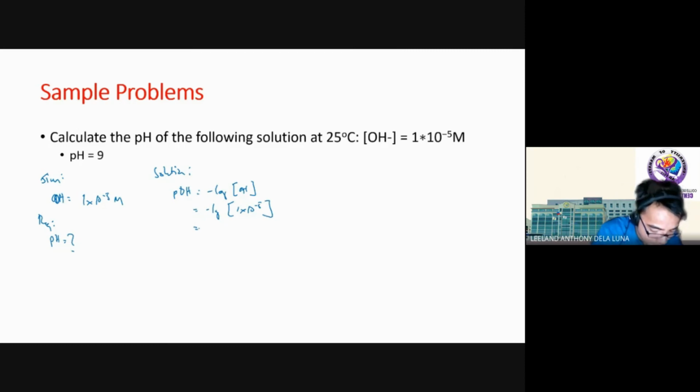Negative log 1 exponent negative 5. Still 5. So my pOH is 5. So therefore, if I want to get a pH, pH equals 14 minus pOH. That's 14 minus 5, you get 9.